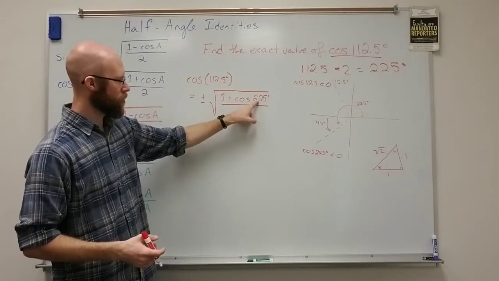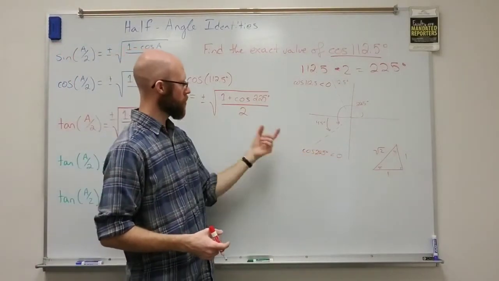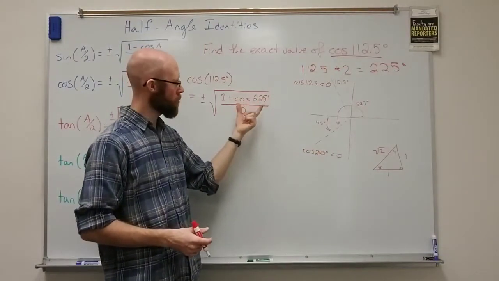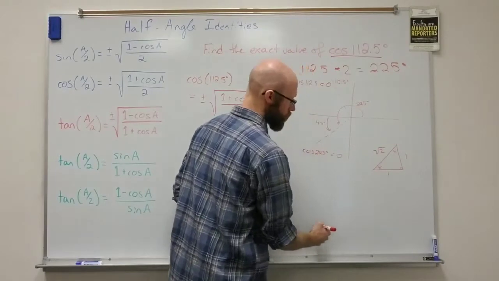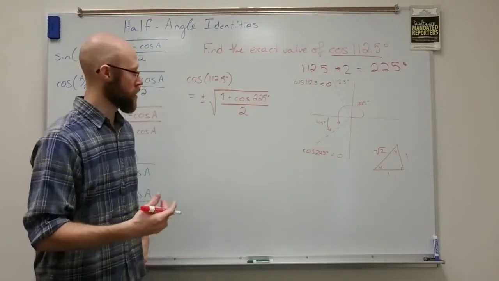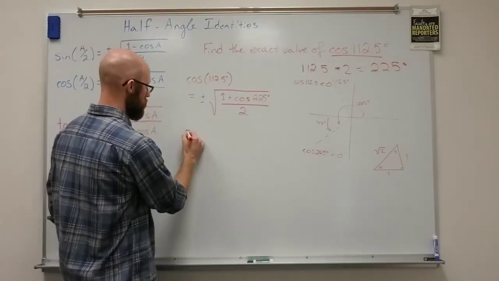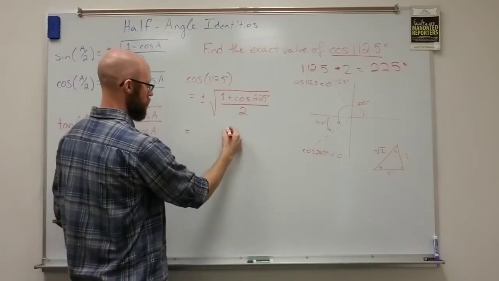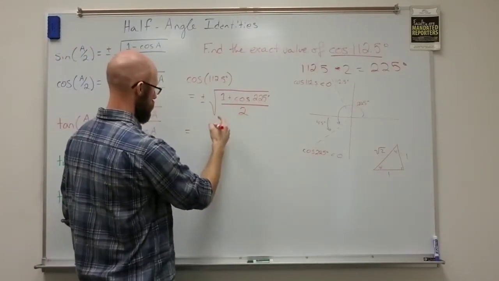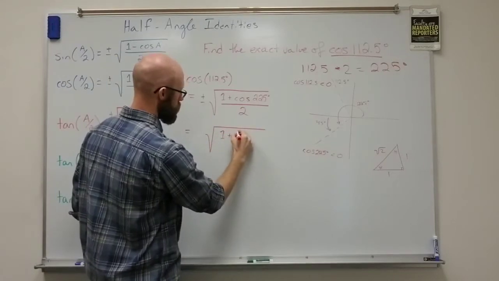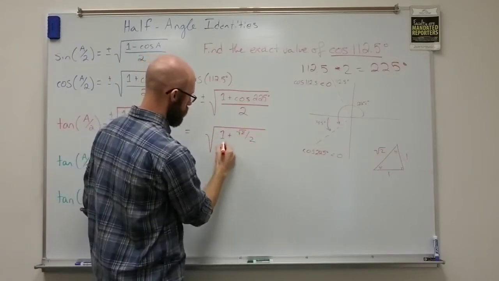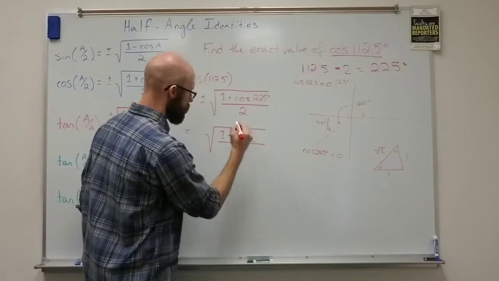The cosine of 225, I said was negative, so this value here is negative, and the cosine is root 2 over 2, right? 1 over root 2 rationalizes to root 2 over 2. So this becomes the square root of 1 plus root 2 over 2 all over 2.